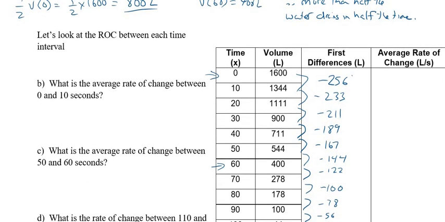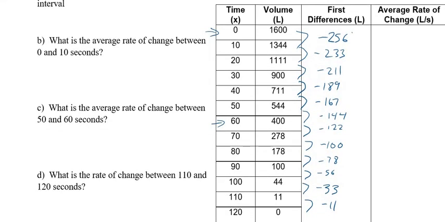So we're going to look at the rate of change between each time interval. I'm sure you guys are awesome with first differences already, so I've gone ahead and filled them in. To find the average rate of change, we just need to divide that by the time interval here. We're going up by 10 seconds, so every time we're just going to divide by 10.